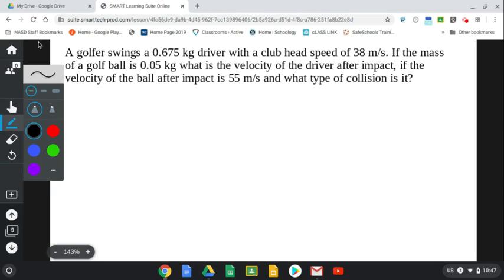A golfer swings a 0.675 kilogram driver with a club head speed of 38 meters per second. If the mass of a golf ball is 0.05 kilograms, what's the velocity of the driver after impact if the velocity of the ball after impact is 55 meters per second? And what type of collision is it?